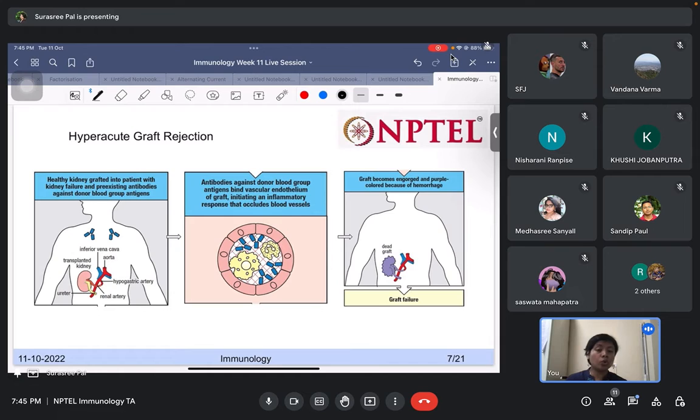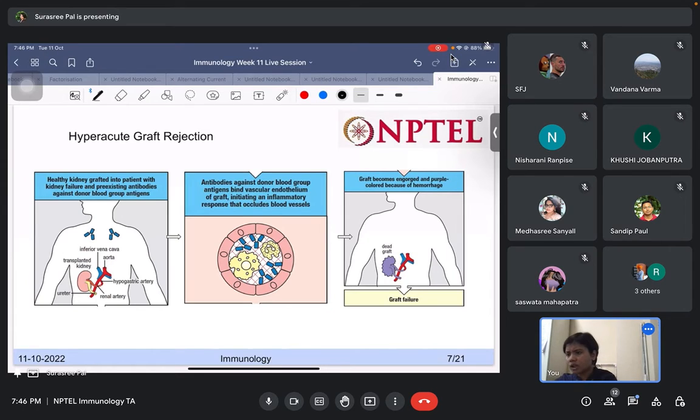If the blood group is not matched between the donor and the recipient, then because of some previous exposure, maybe a previous blood transfusion, the antibodies against those blood antigens might be present in the recipient from before. Now if the organ is transplanted, these antibodies will quickly come and destroy the graft, so it will generate graft failure much faster.